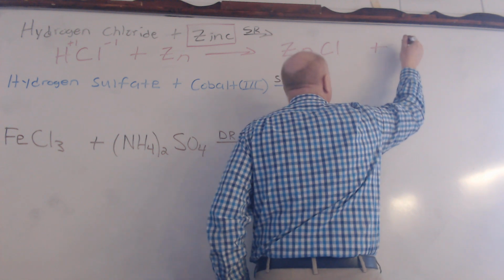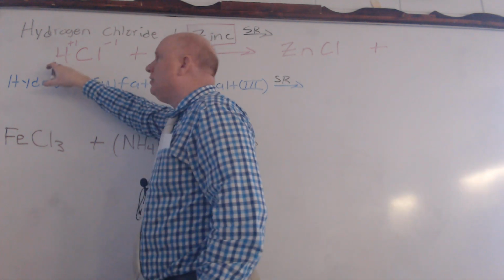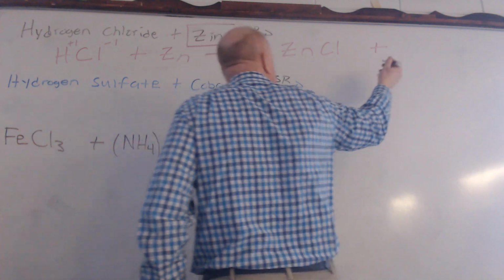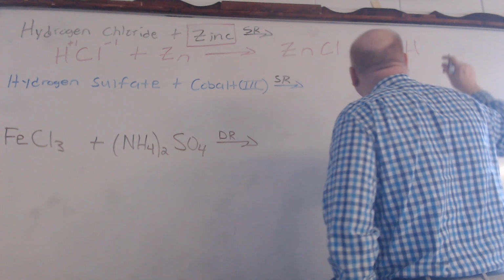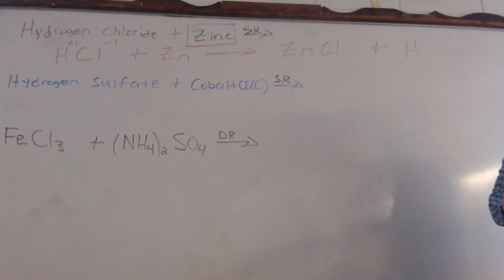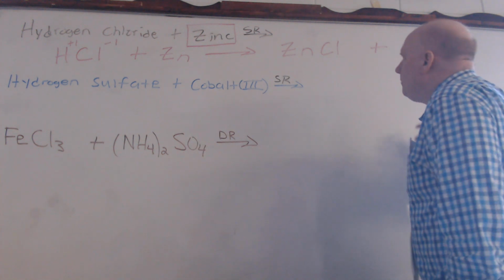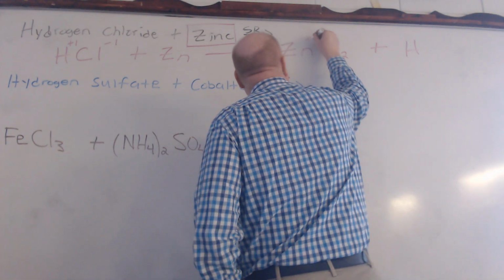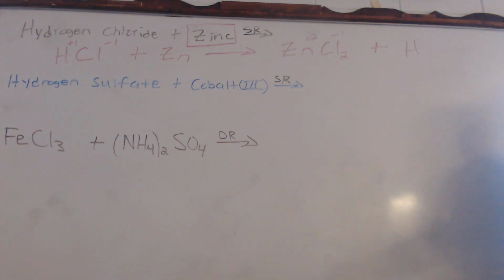Don't you need 2 chlorides to balance? Well, we're not done yet. So when this replaces that hydrogen, that means this is all by itself now, but it's on this side. We'll come back to the zinc chloride. Hydrogen's diatomic. So what does that mean? You need 2 of them, because if you just do this only and you leave it like this, doesn't matter what you do beyond that, everything's going to be wrong.